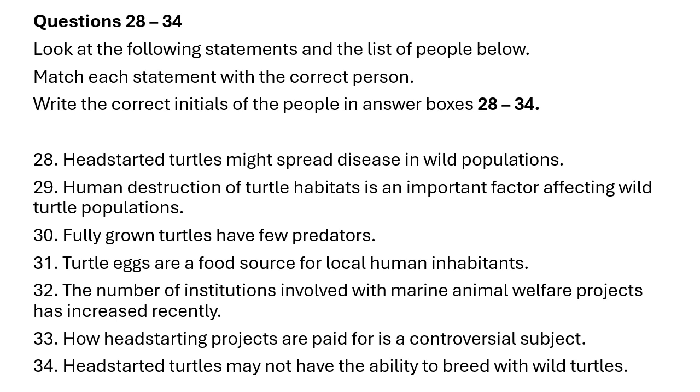This one is even stranger to Williamson's opinion than the former. It doesn't match at all. And number 34 says, head-started turtles may not have the ability to breed with wild turtles. This does not match either.